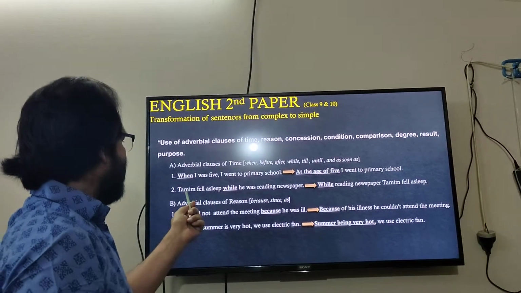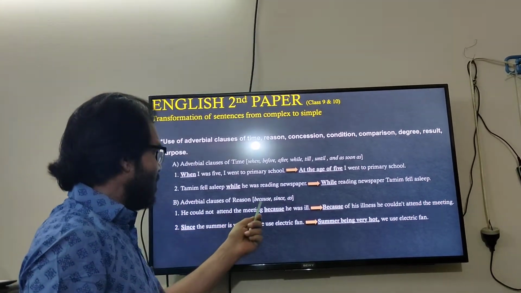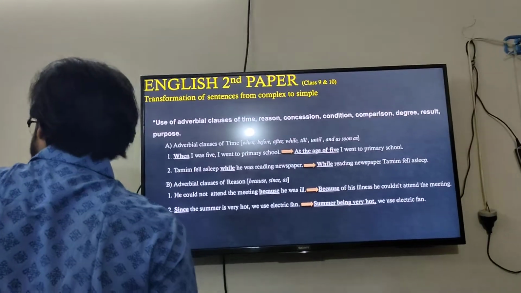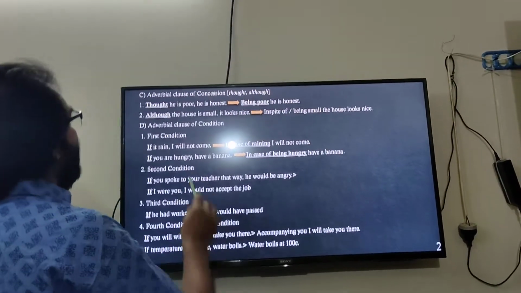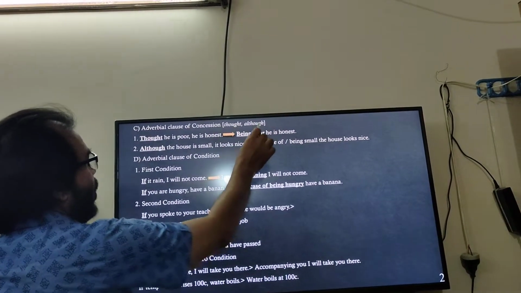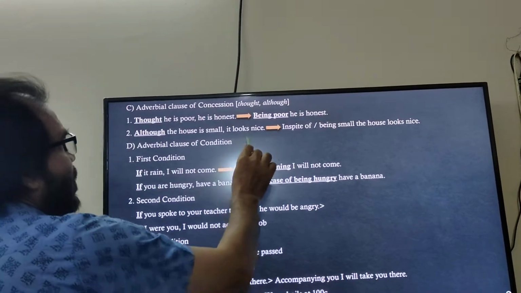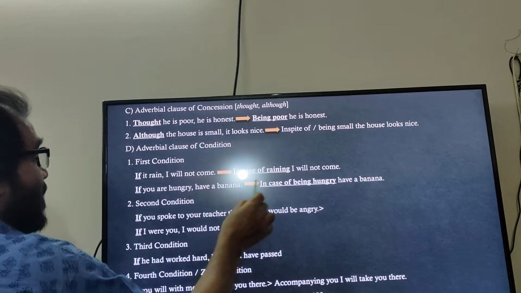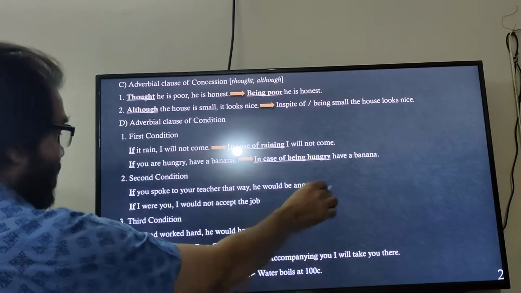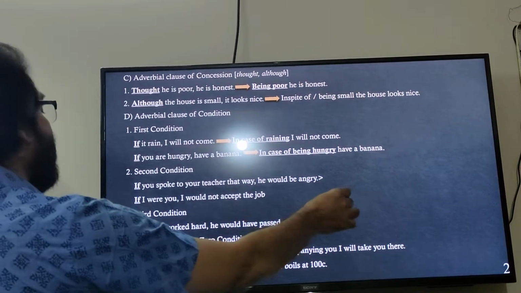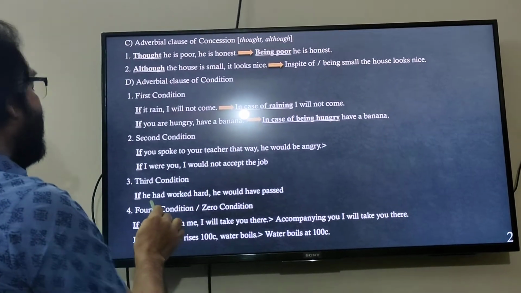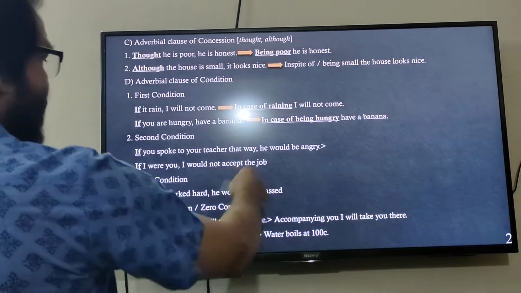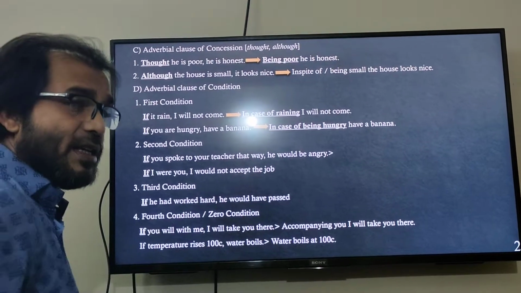The adverbial clause of reason starts with because, since, as. Adverbial clause of concession begins with though, although. Adverbial clause of condition: if plus present plus future; if plus past plus would plus base form of verb; third condition, hypothetical; fourth condition or zero condition. These techniques can also be used to complete the sentences.